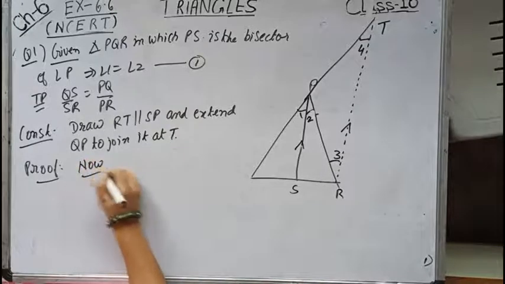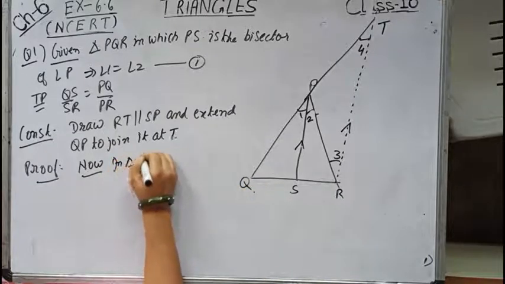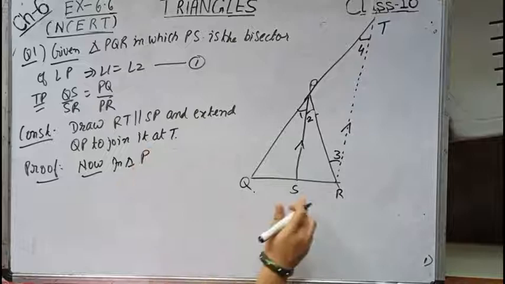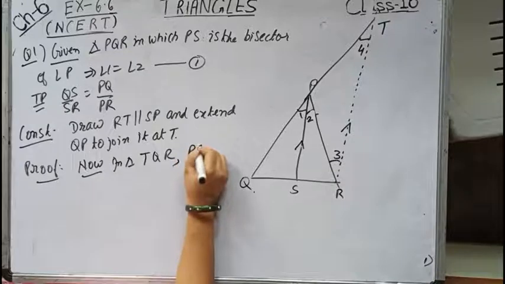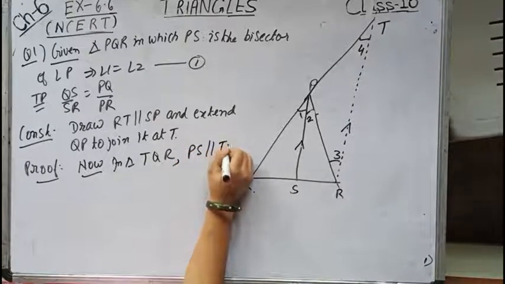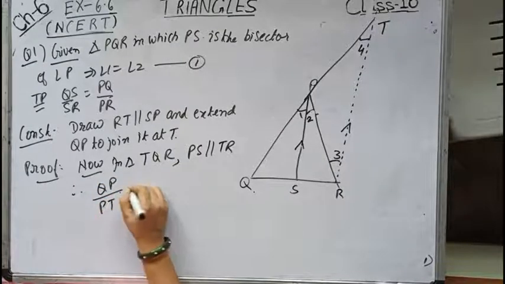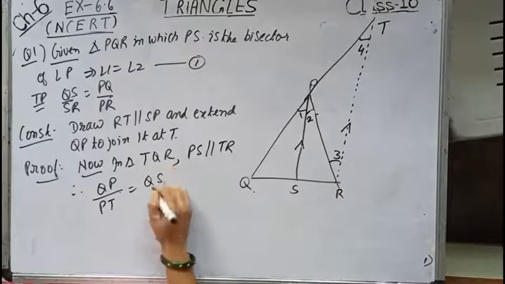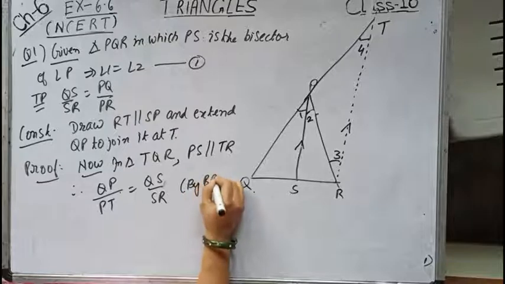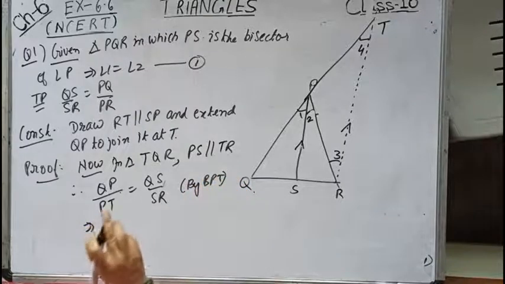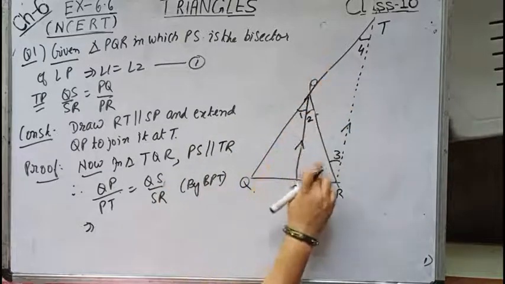Now, in triangle TQR, this bigger triangle, PS is parallel to TR. Therefore, QP by PT equals QS by SR, by which theorem? BPT. This implies, in place of PT I can now write PR.